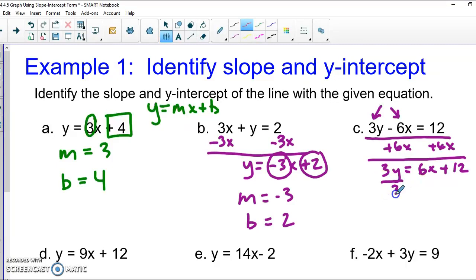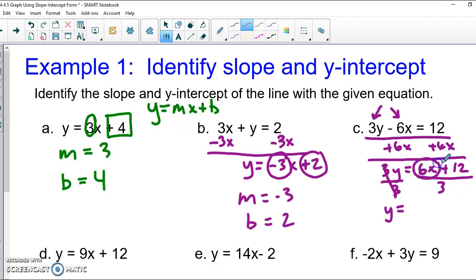So now I'm ready to undo my multiplication here. So to undo the times 3, I will divide by 3 on both sides. And as you'll remember from chapters 1 and 2, when I have an addition expression all divided by 3, I need to take each term and divide it by 3.